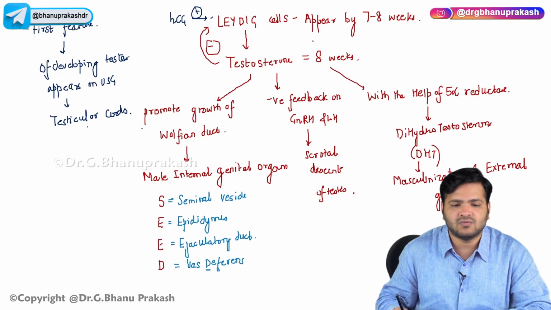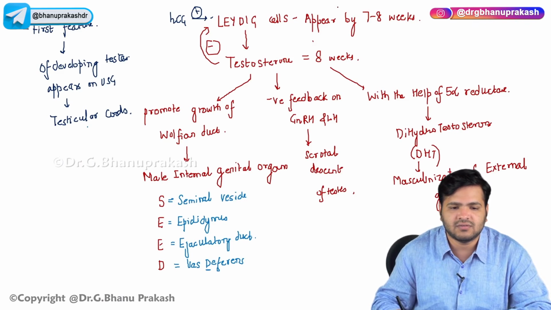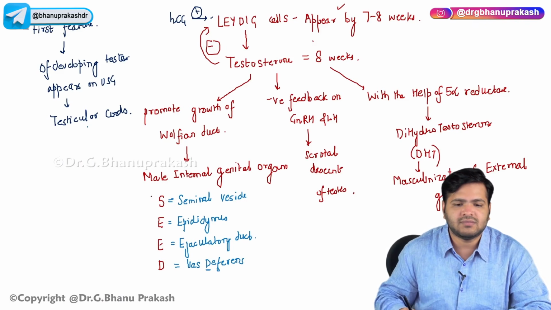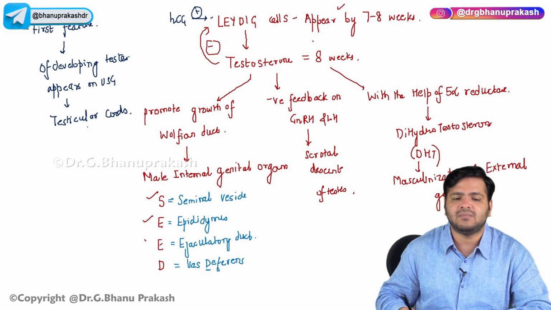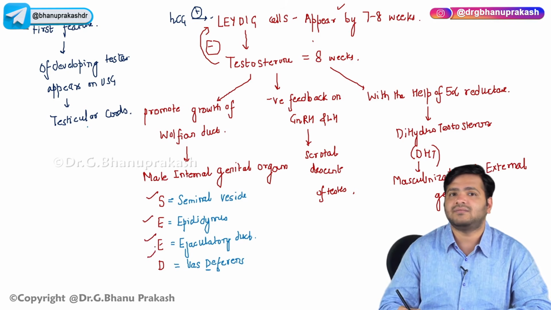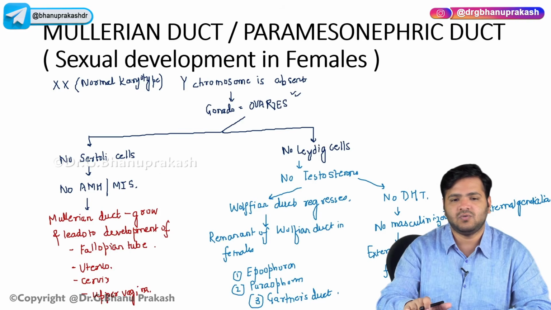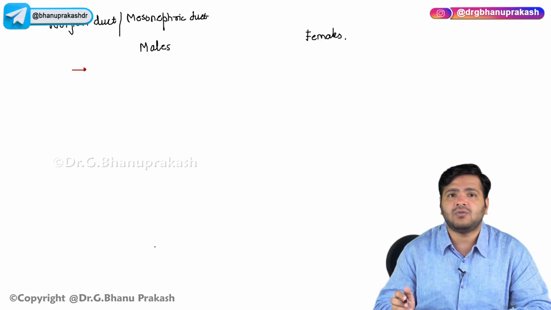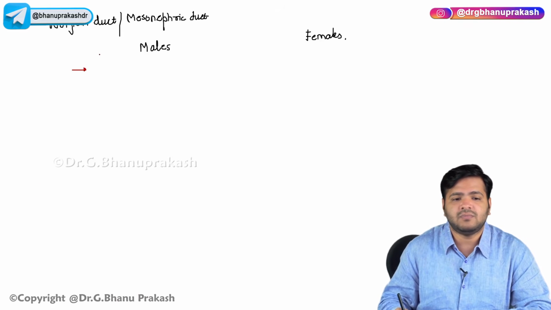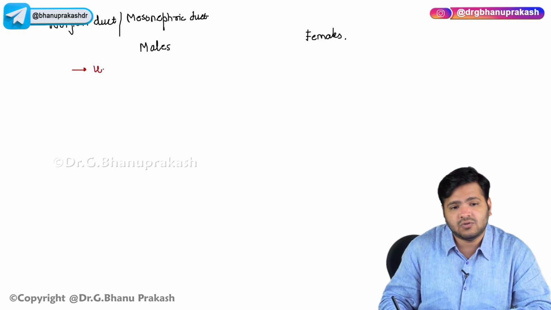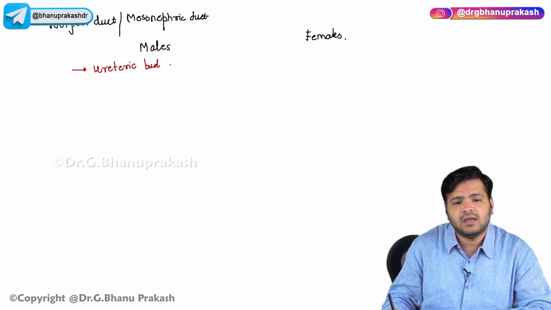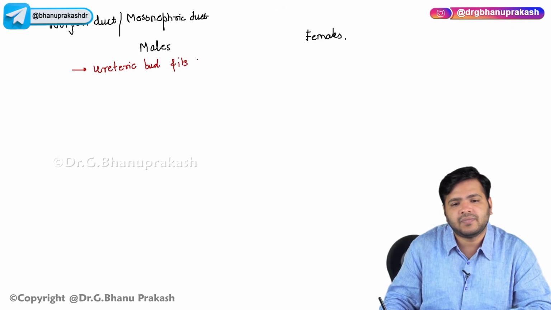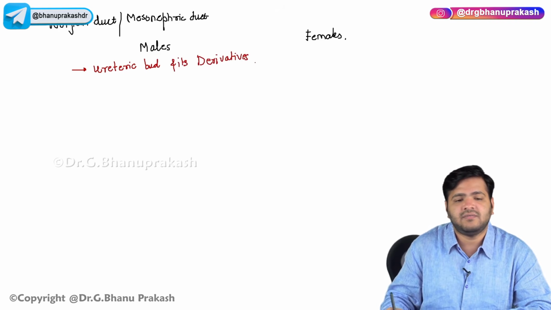It will give rise to the structures you can see on the screen: the seminal vesicles, the epididymis, ejaculatory duct and vas deferens. This is something you already know. But apart from that, you have to remember this Wolffian or mesonephric duct will also give rise to the ureteric bud and its derivatives.